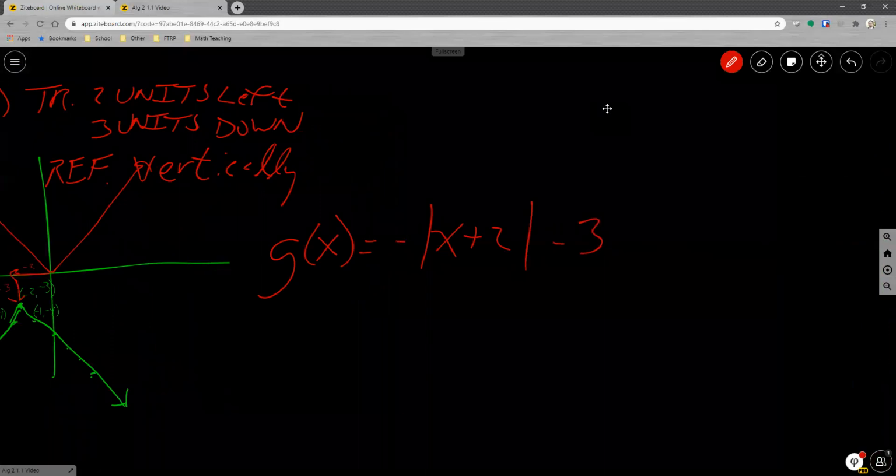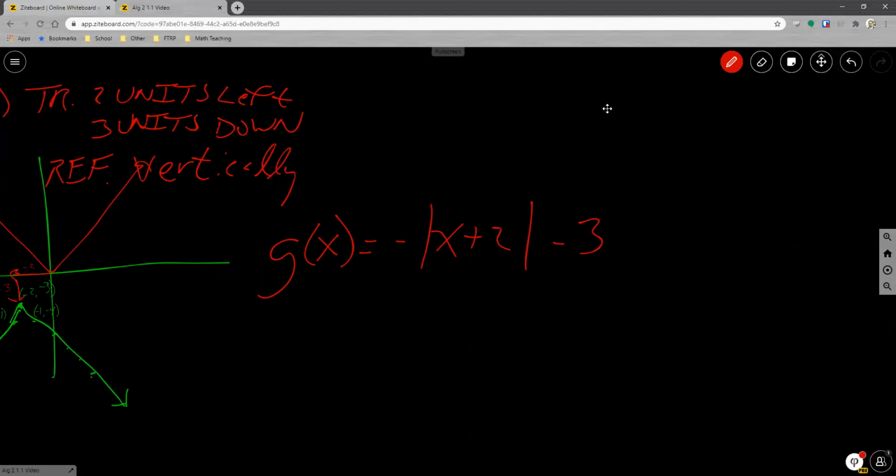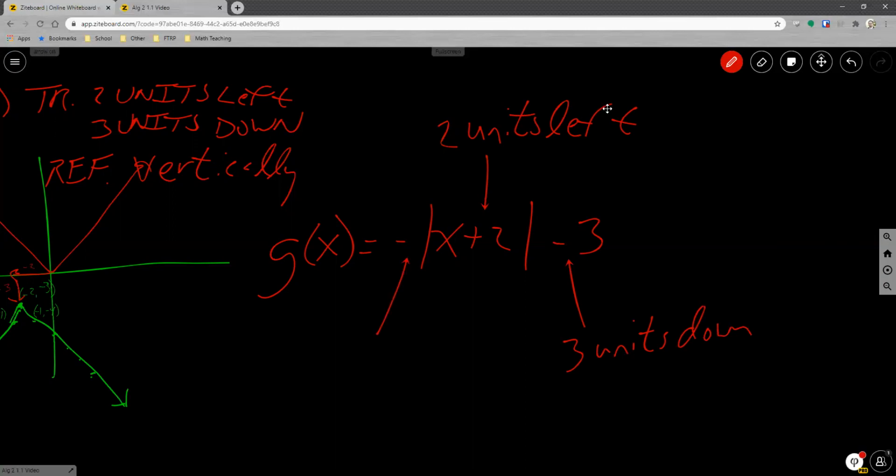We've got this plus 2 right here. That's going to be my 2 units left. This -3 on the outside is going to be my 3 units down. And then this multiplication by a negative on the outside of my absolute value, that's going to be my reflection.